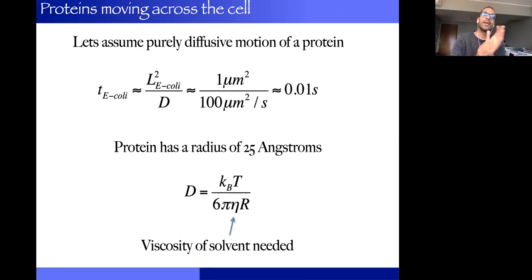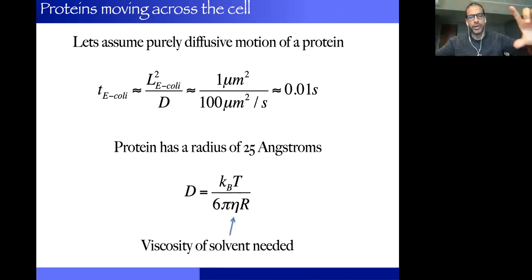Now let's go back to our bacteria cell, and assume that I have a protein that's undergoing purely diffusive motion in the cell, and it wants to cross the length of the cell, which is about 1 micrometer long.